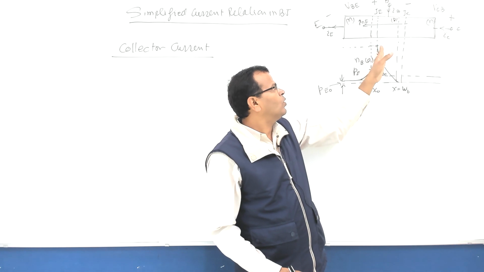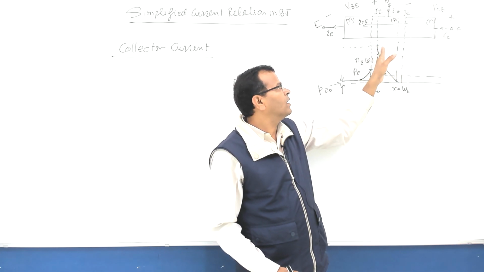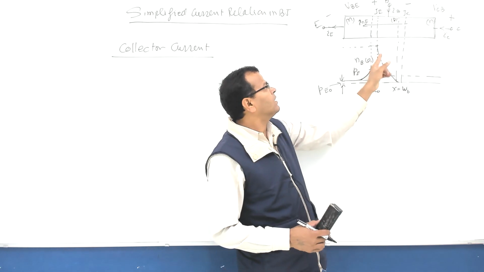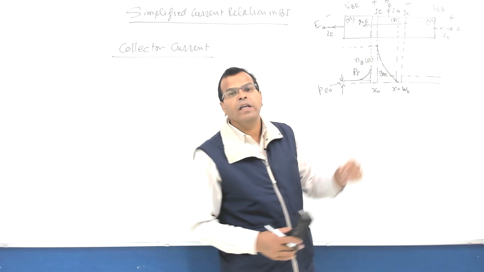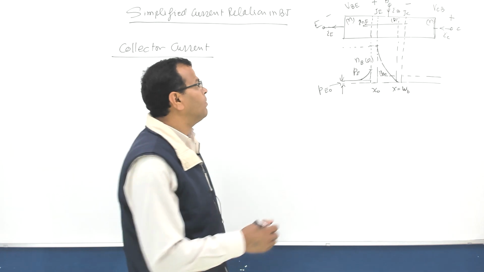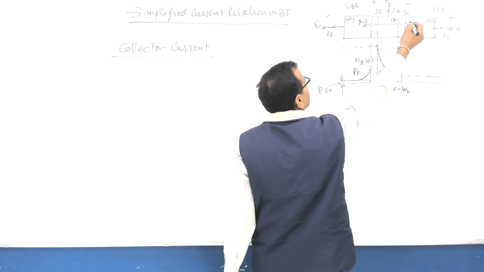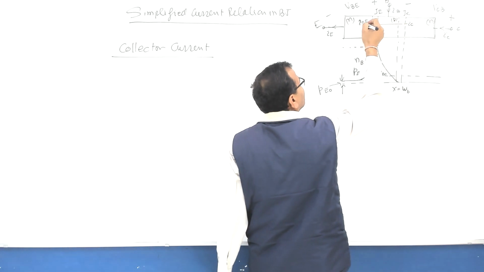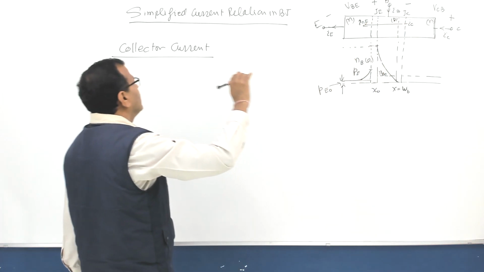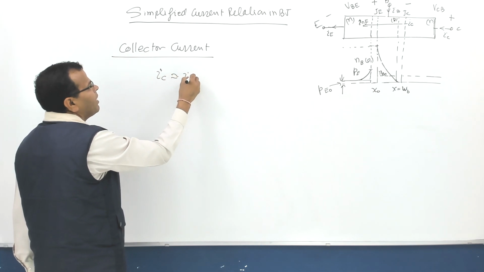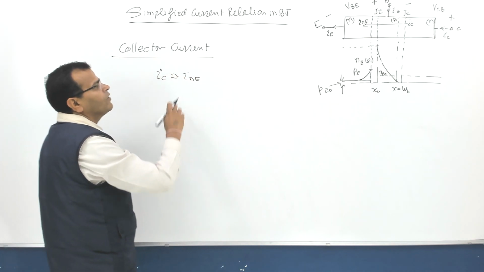And these electrons will be forming the diffusion current in the base region, and that current is what? This is INE. Why? Because when you talk about this current, this is collector current, but which is same as this. Remember, the collector current here is approximately same as the electron component of emitter current.